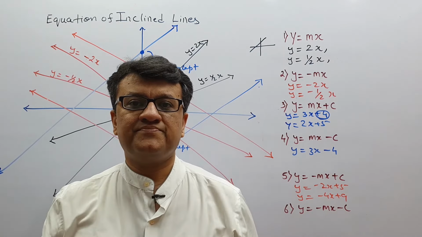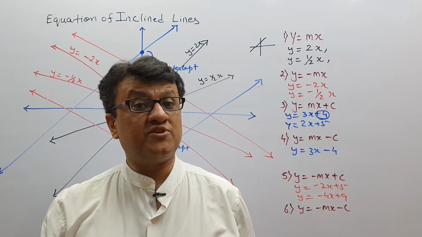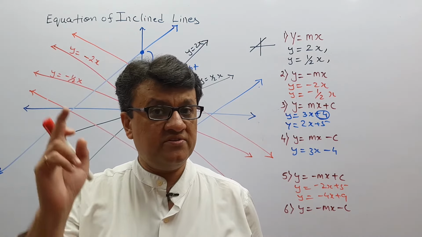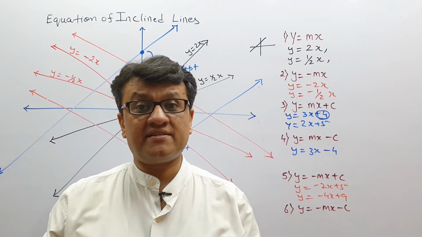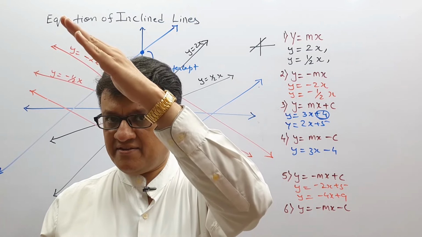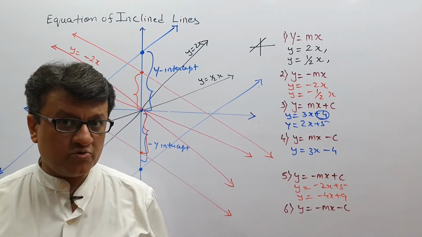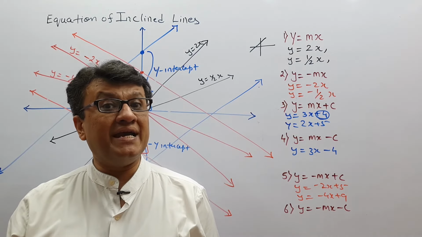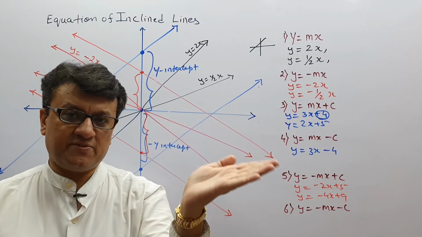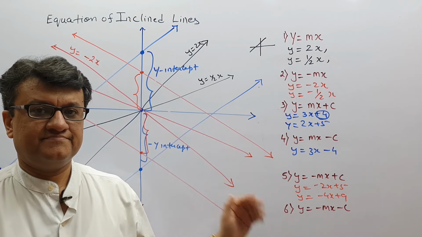X-axis, y-axis. y equals mx plus c, first to third. y equals mx, I'm so sorry, y equals mx, passing through the origin, first to third. y equals minus mx, passing through the origin, second to fourth. y equals mx plus c, first to third, but positive c. y equals mx minus c, first to third, negative c. y equals minus mx plus c, second to fourth, plus c. y equals minus mx minus c, second to fourth, minus c. Right?